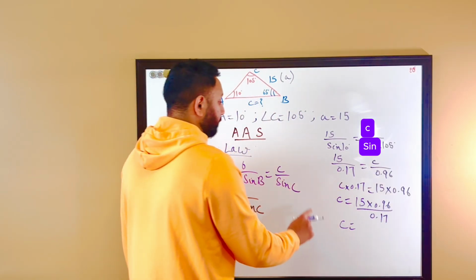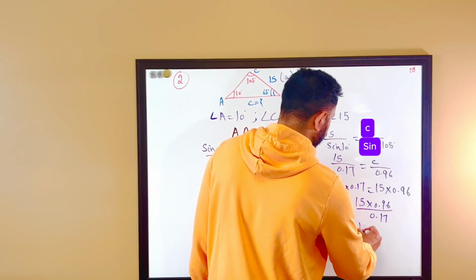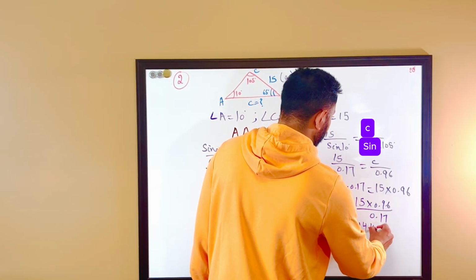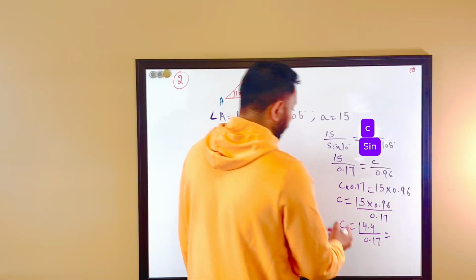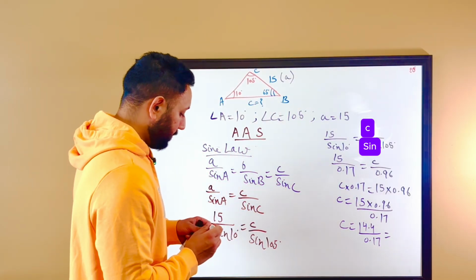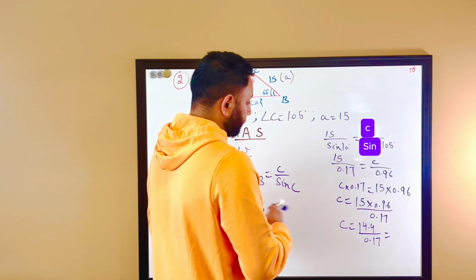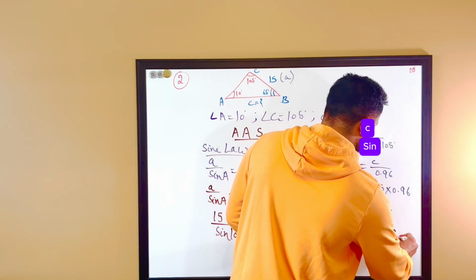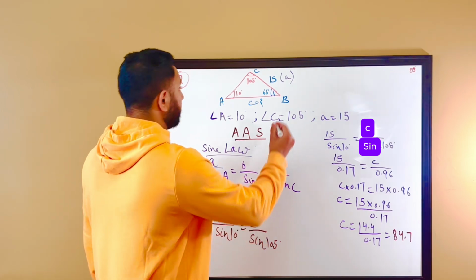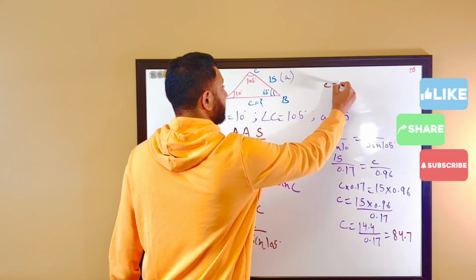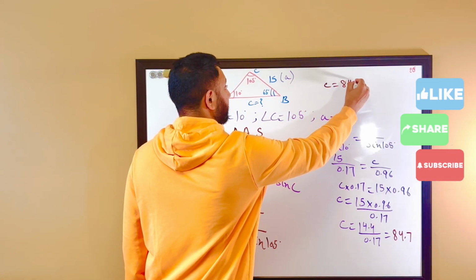So 15 into 0.96 is 14.4. So 14.4 divided by 0.17 is 84.7. So that means small c is 84.7.